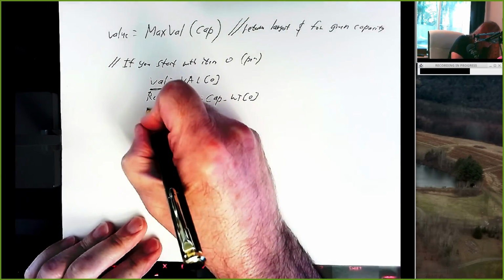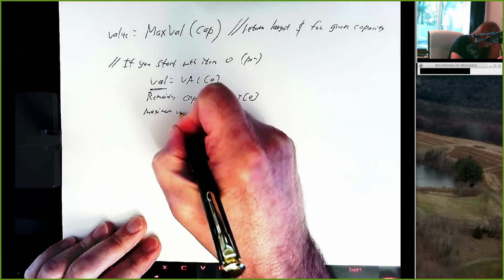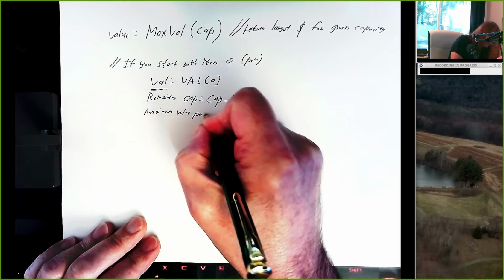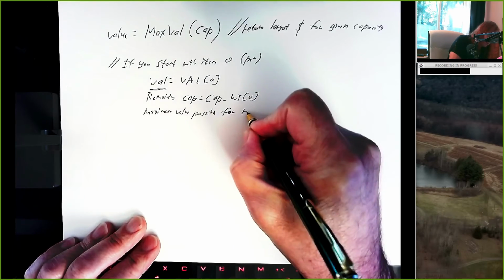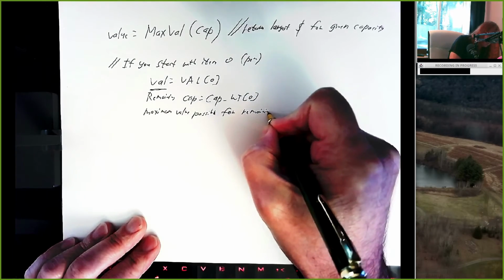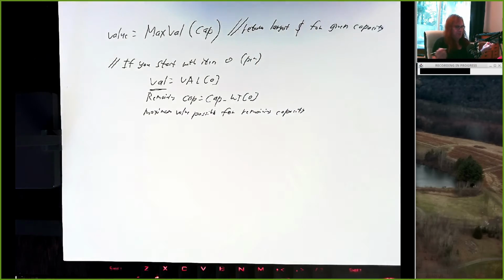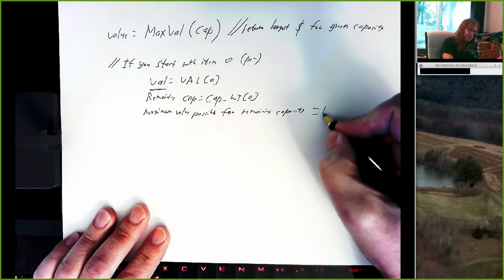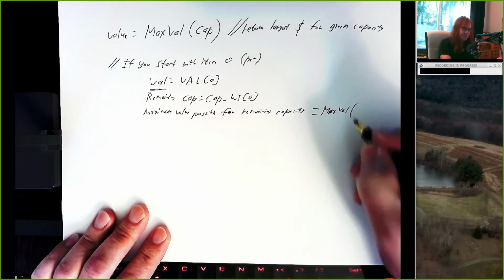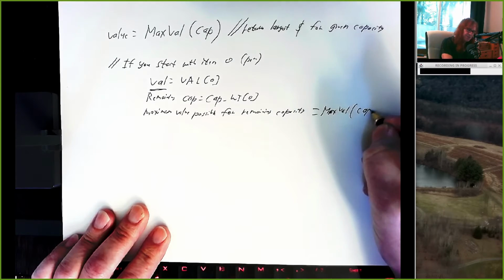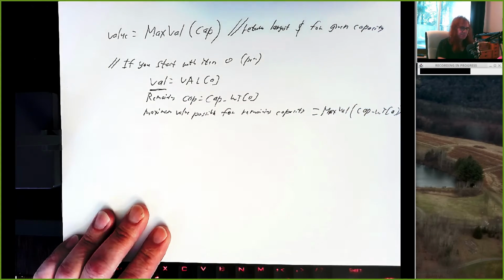So maximum value possible for the remaining capacity, well, how do I calculate that? I'm going to use my maxval function. So I'm going to calculate maxval of my original capacity minus the weight of my pen.